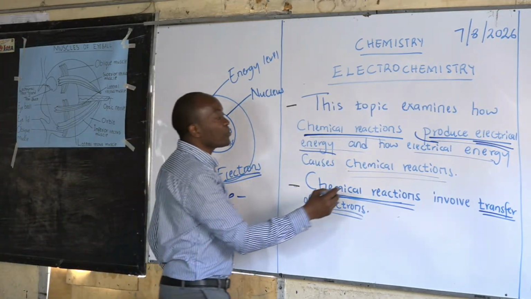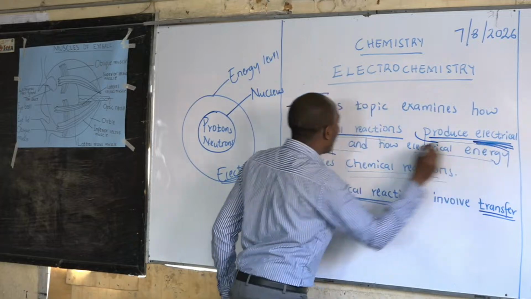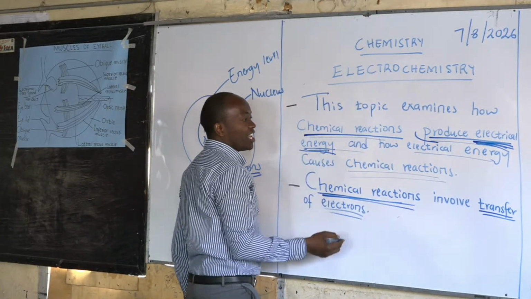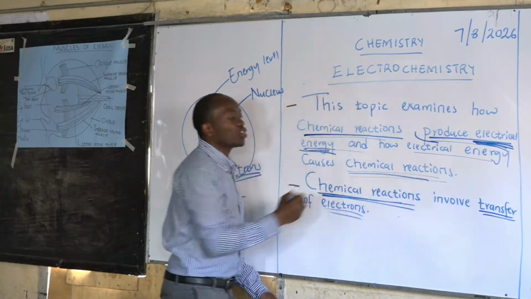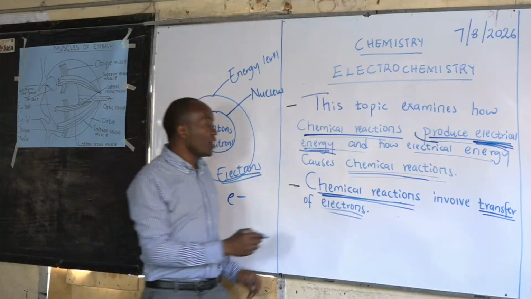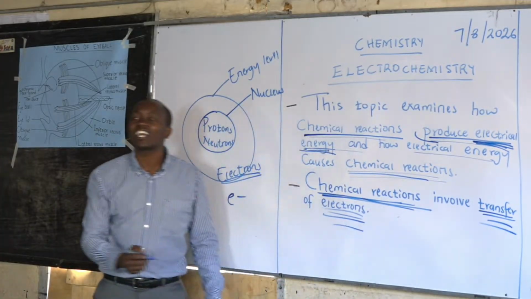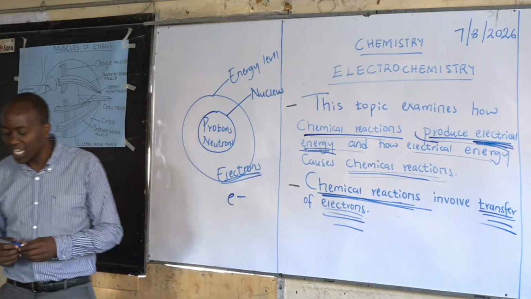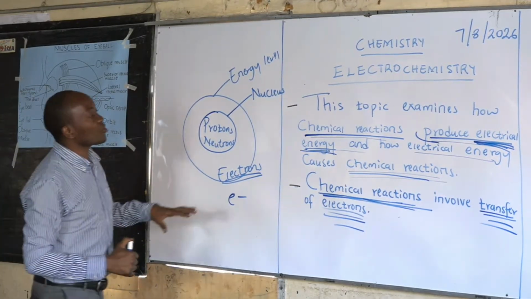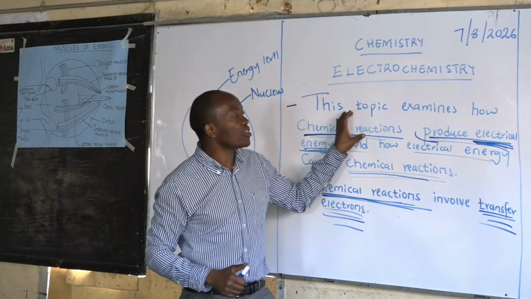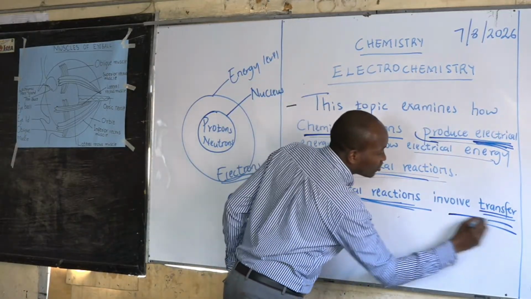Chemical reactions produce electrical energy, and electrical energy is going to cause chemical reactions. So in other words, chemical reactions are all about transfer of what? Electrons. Very good. So electrochemistry is all about chemical reactions producing electron transfer.